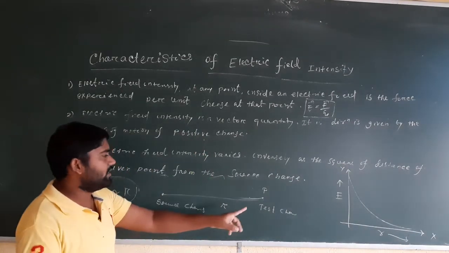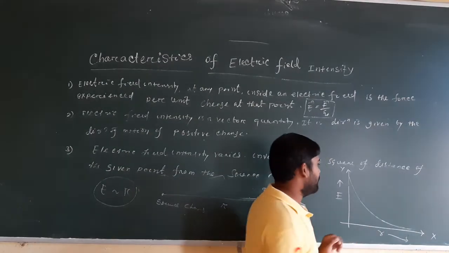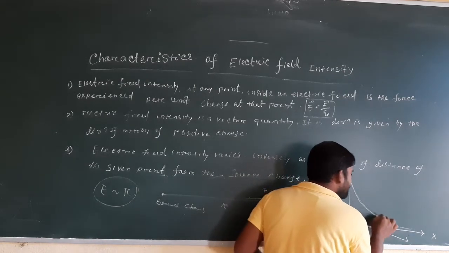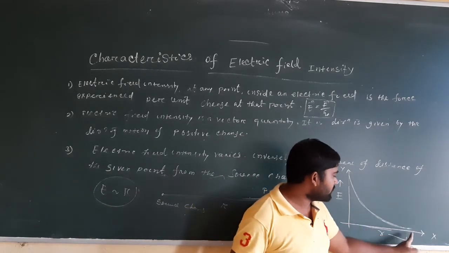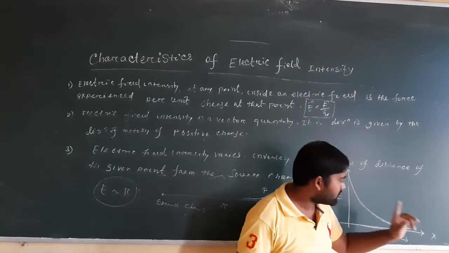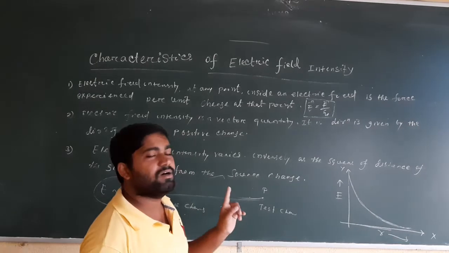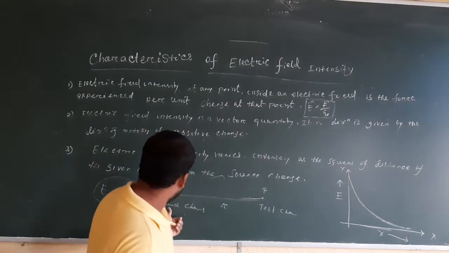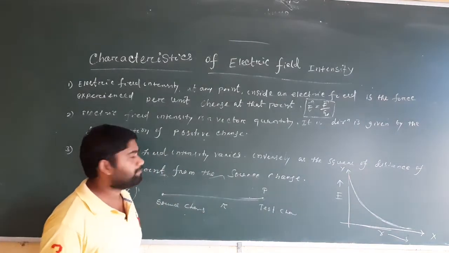So that is the relation, E varies with r. As we increase the distance, the electric field intensity gradually decreases, and this line meets the x axis at infinity. That relation is obtained when we take the magnitude of the source charge and the magnitude of a test charge.